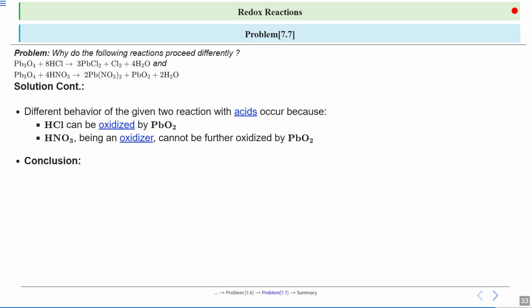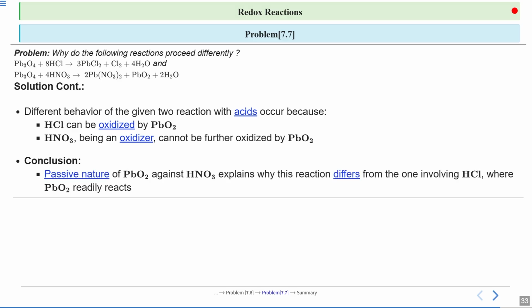Therefore, the passive nature of PbO2 against HNO3 explains why this reaction differs from the one involving HCl, where PbO2 readily reacts. I hope this question is clear to you.